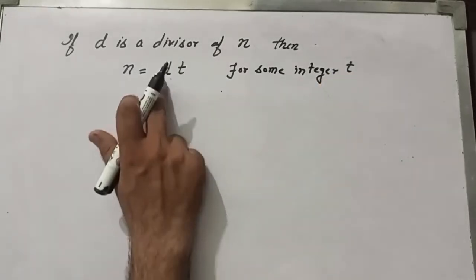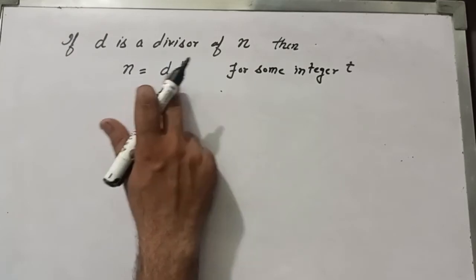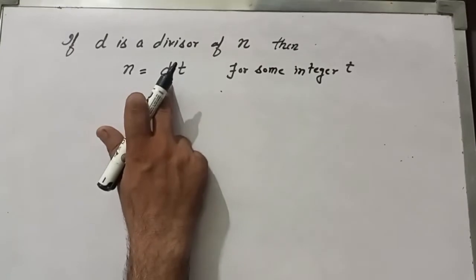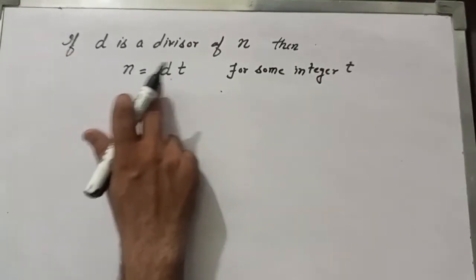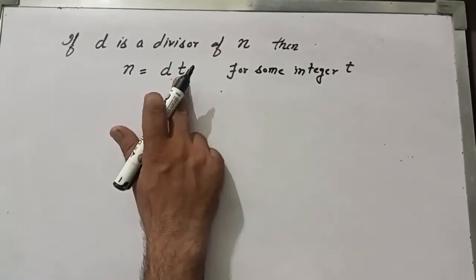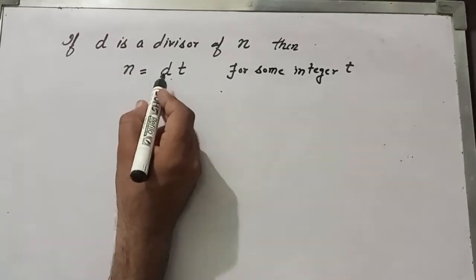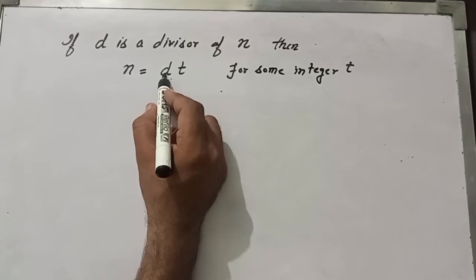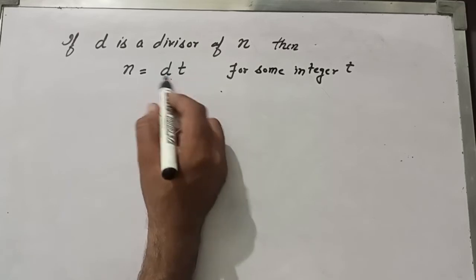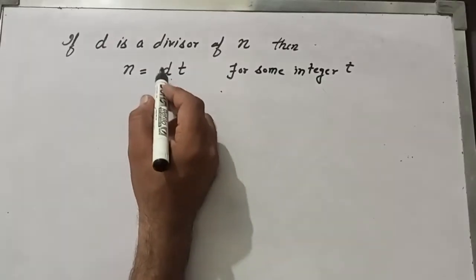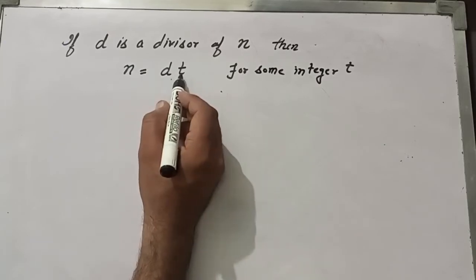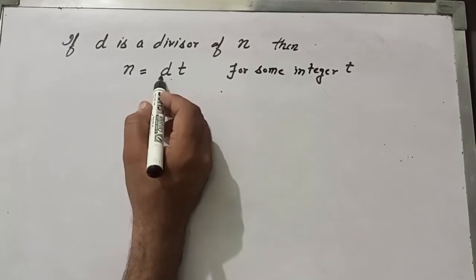It means if d is a divisor, then there exists an integer t such that n can be written as a multiple of d, and you can also say that n is a multiple of t. It means if d is a divisor, then t is also a divisor, because if d and t make n, then d is a divisor of n and t is also a divisor of n.